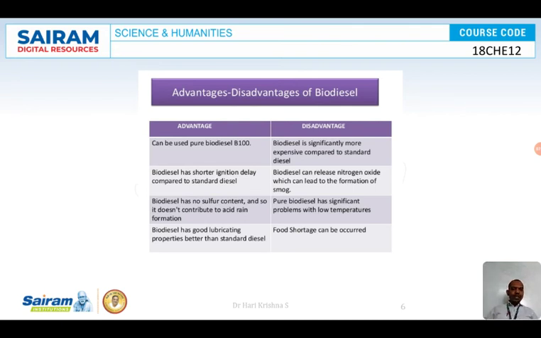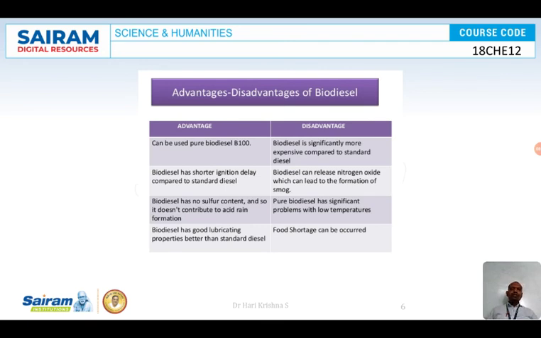Biodiesel has little or no sulfur content, and the particulate matter produced is also less. Since there is no sulfur, the chance of acid rain is also less. Then what are the disadvantages? Biodiesel is significantly more expensive compared to diesel. Biodiesel releases oxides of nitrogen.